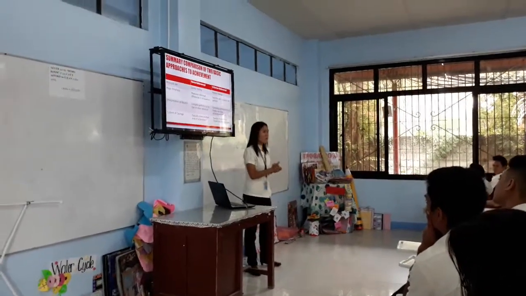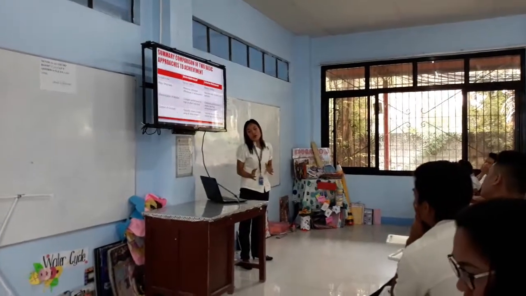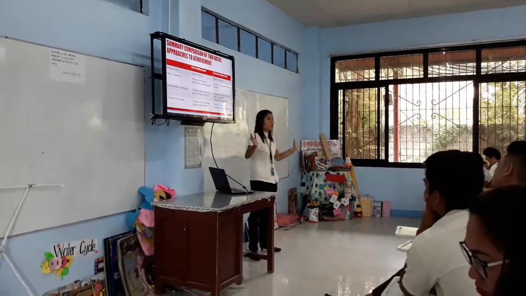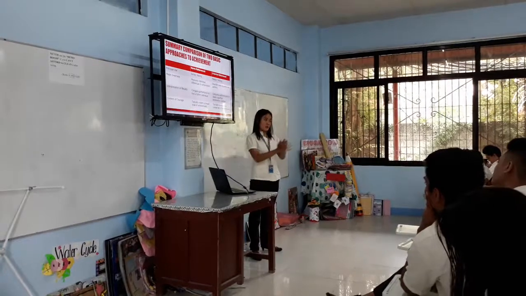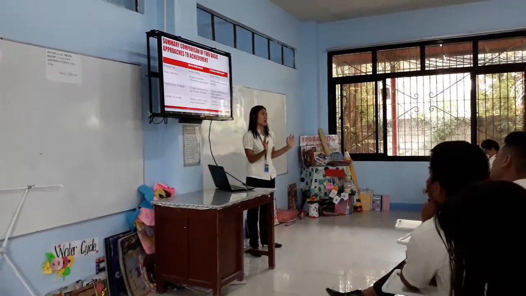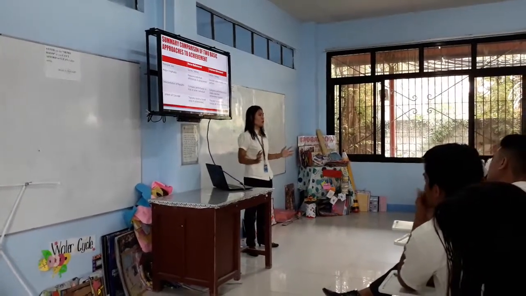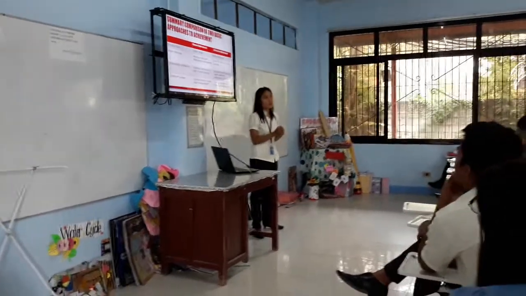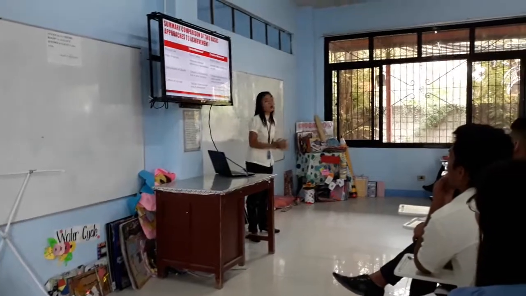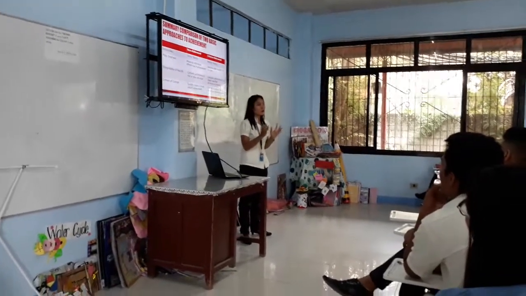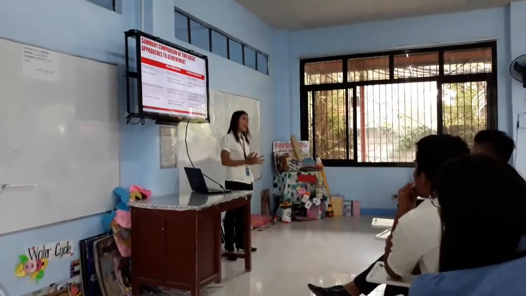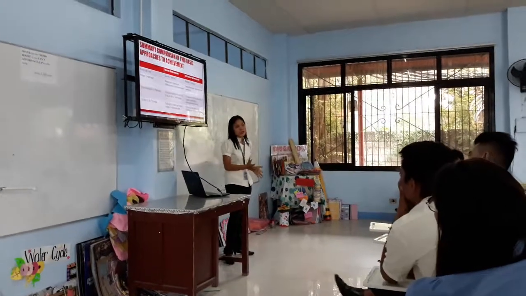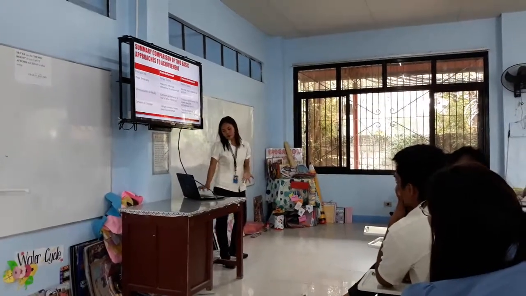So since in norm reference you are comparing students, therefore it has a broad area of achievement. Like in the final grade, you have there the written works, the performance based, and then you rank the students. While in criterion reference, you just focus on one thing like reciting a poem. You are focusing on that kind of learning tasks and then grade the students or make your assessments.